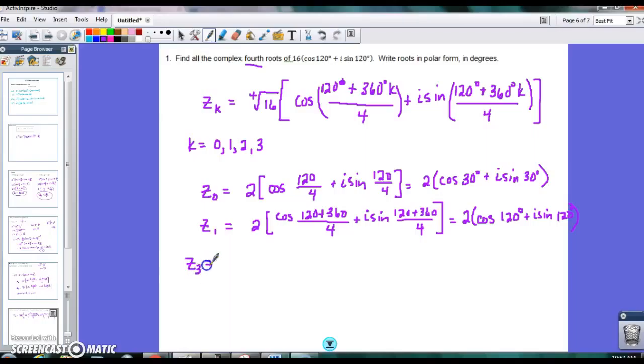z sub 2 is going to be 2. And then I'm going to have cosine, and now I'm going to have 360 times 2, which is 720. 720 plus 120 is 840. Right, so I have 840 over 4 plus i sine of 840 over 4, which would then give me 2 cosine of 210 plus i sine of 210.